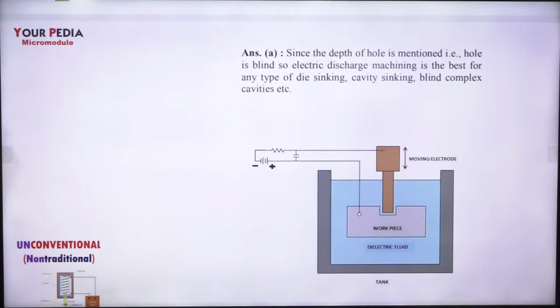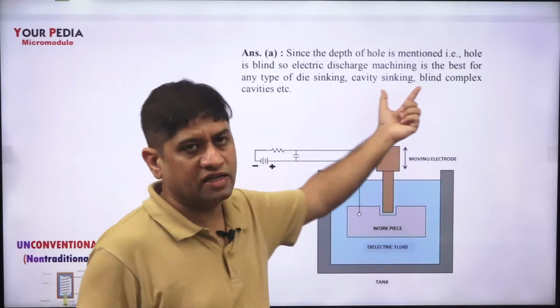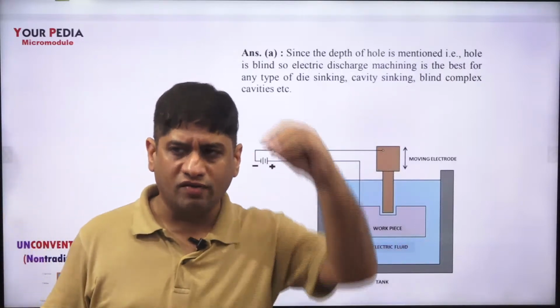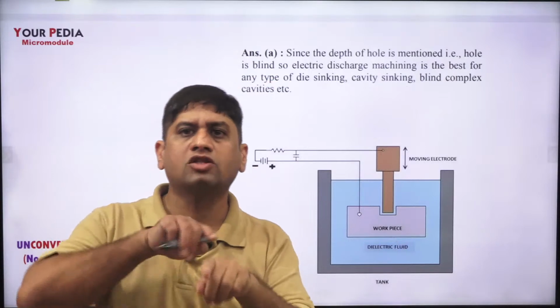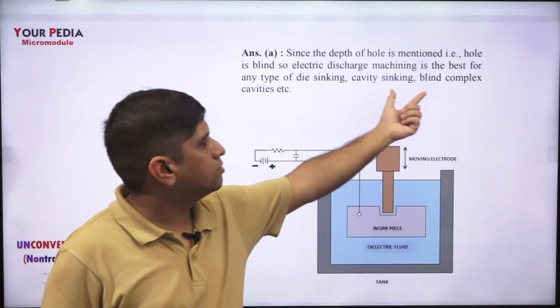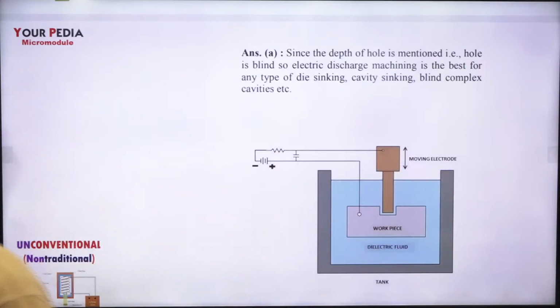For die sinking, cavity sinking, blind cavities. Remember these names, the applications of electric discharge machining. Whenever you have to make a blind hole, that means not a through hole, die sinking, cavity sinking, blind hole, electric discharge machining is the best.